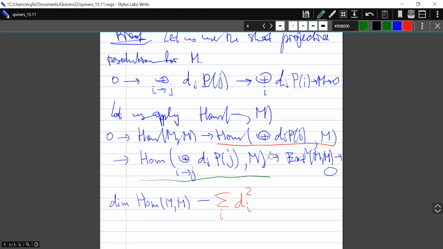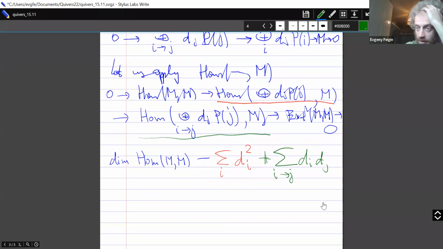Probably it is the sum over all arrows from i to j of d_i d_j. Okay, and then we are left with a negative dimension of Ext^1.